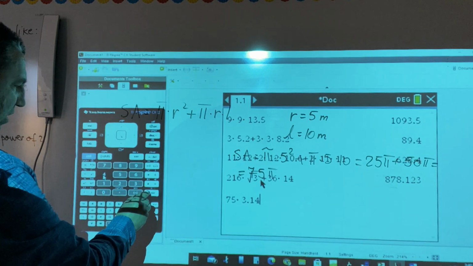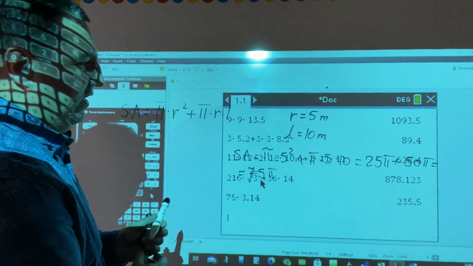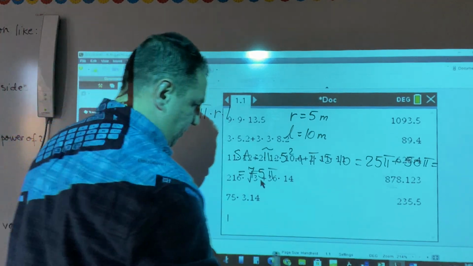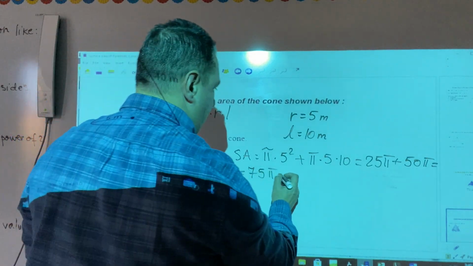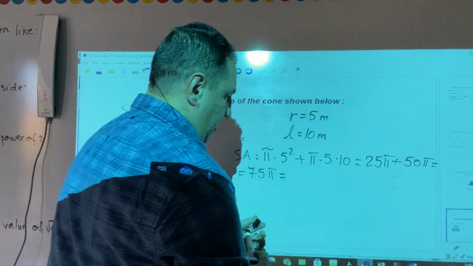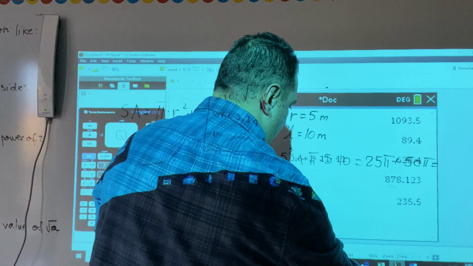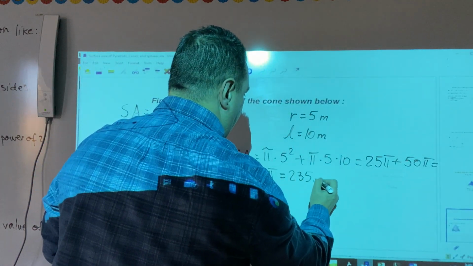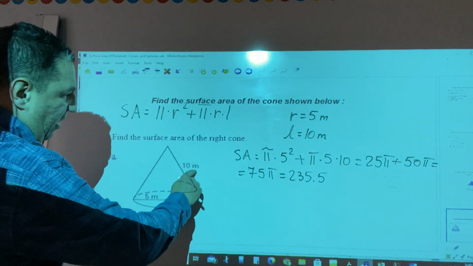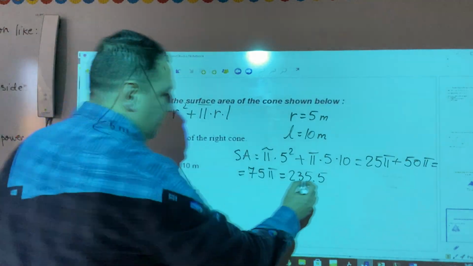And we get around 235.5. Units are square meters.